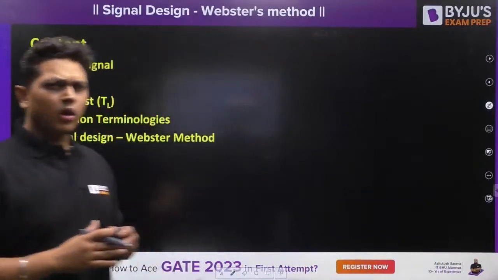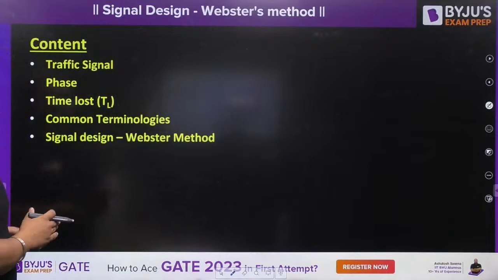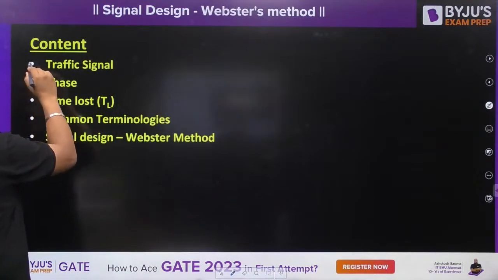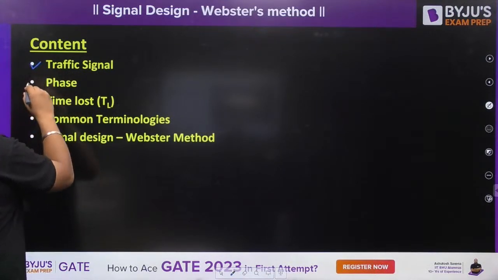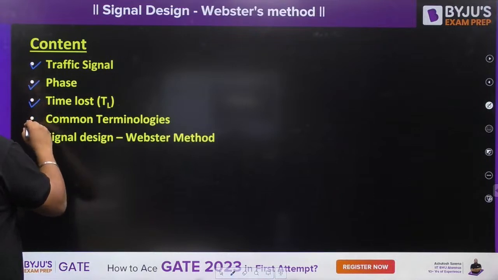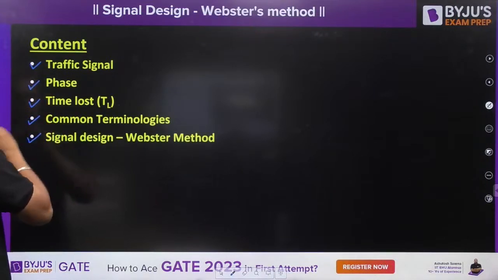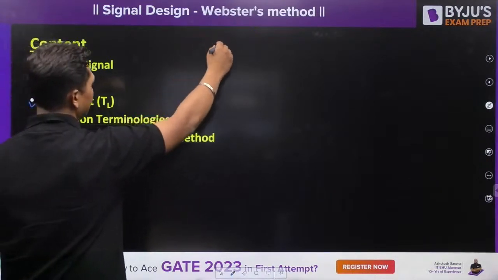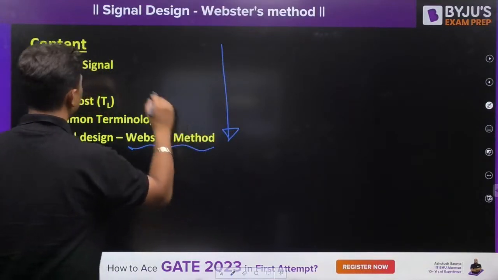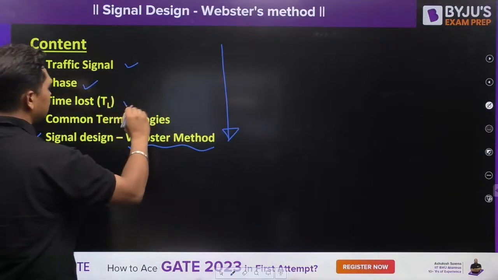So what is the content of today's session, guys? In today's session, we are going to be discussing what is a traffic signal, what is a phase, what is time lost, some common terminologies, and then we will go to Webster's method. All these things are very important, and only then will you be able to understand Webster's method, unless you have clarity over all these topics.